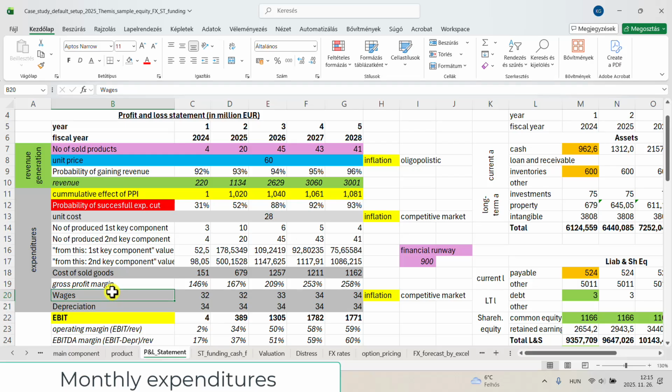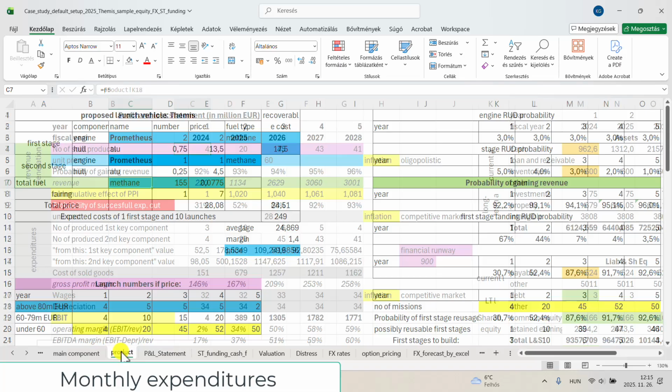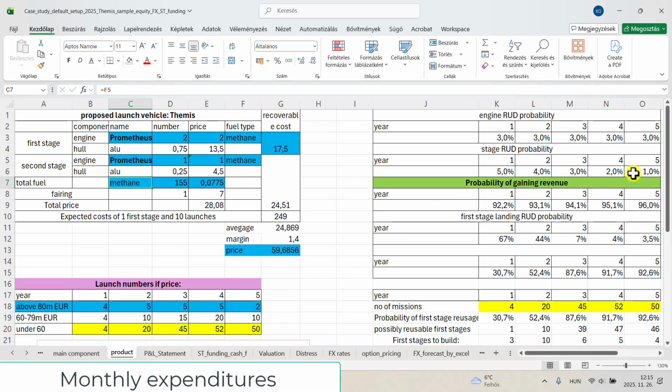So wages are out. Then, obviously, the major costs will be coming from manufacturing. And in this case, this will be related also to the number of sold products. And this is where we have not much idea about the production cycle.